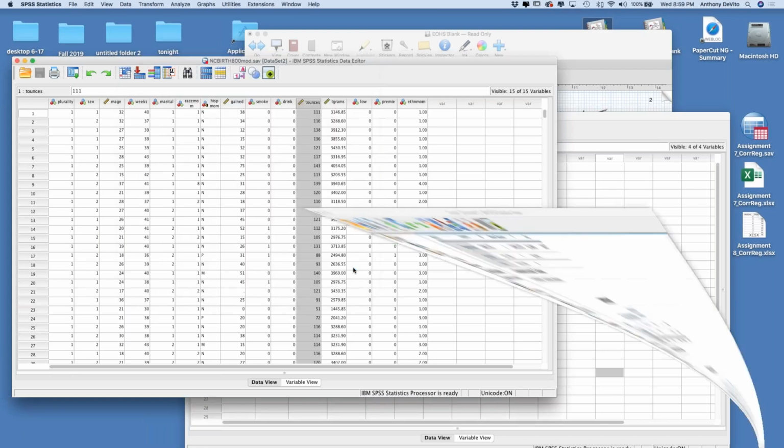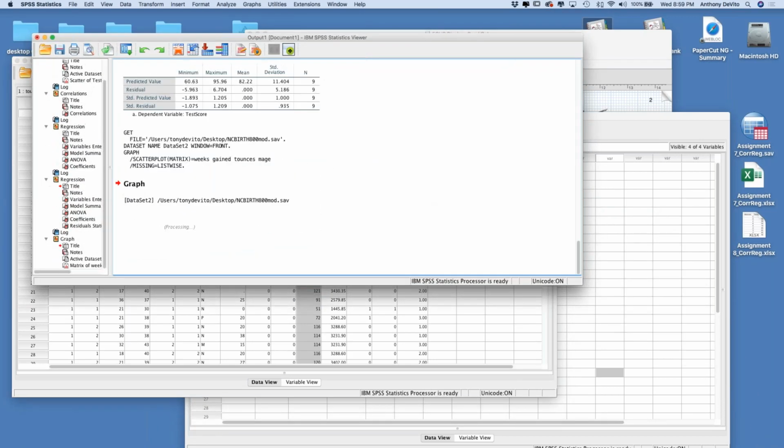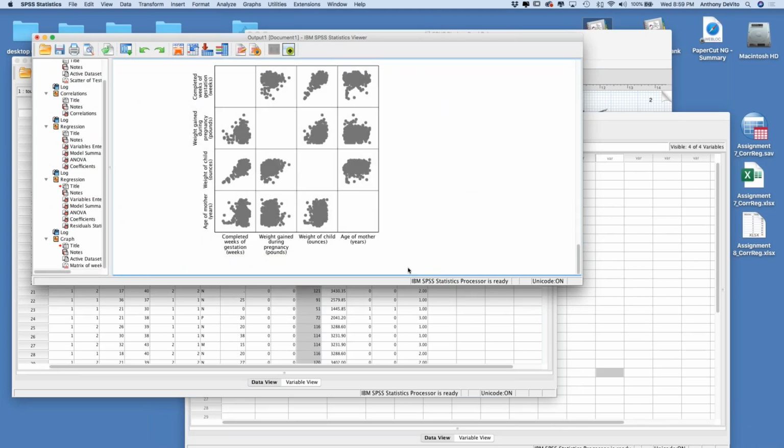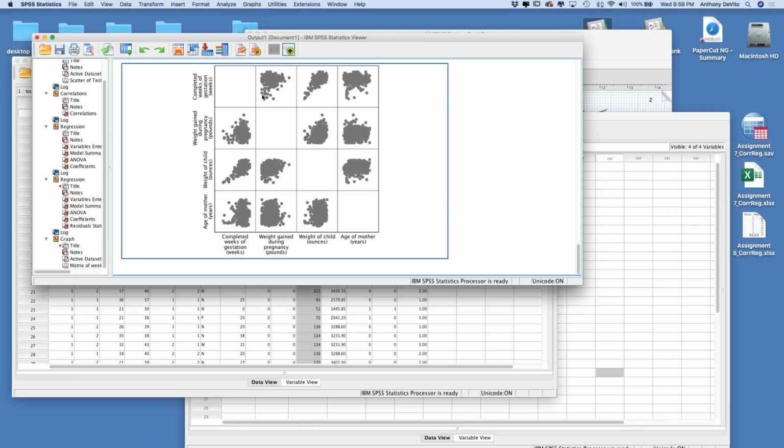What this does, when you put it as a matrix, is produce a graph that looks for an association between all of these. These look kind of like ink blots because there are so many values that it's hard to see them individually. Look here, this looks like a strong linear positive correlation. What is that?